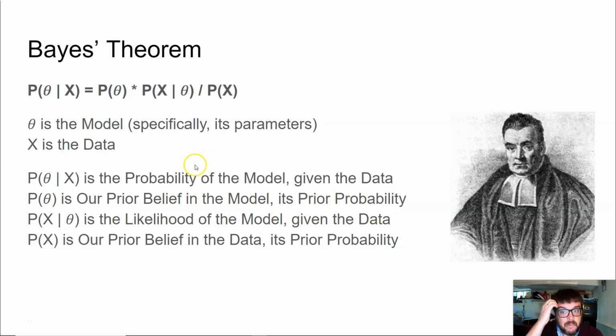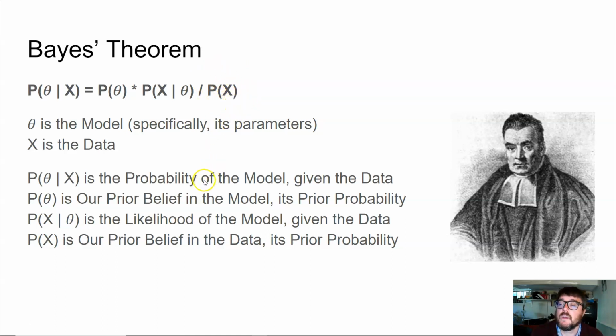And he came up with this way of talking about our belief in the fairness of, say, a roulette wheel, given the spins of the roulette wheel that we've seen, is equal to our previous belief in the fairness of the roulette wheel times how likely the spins that we are going to see right now are given the model that we're looking at, divided by how surprised or plausible we think this data that we're observing are.